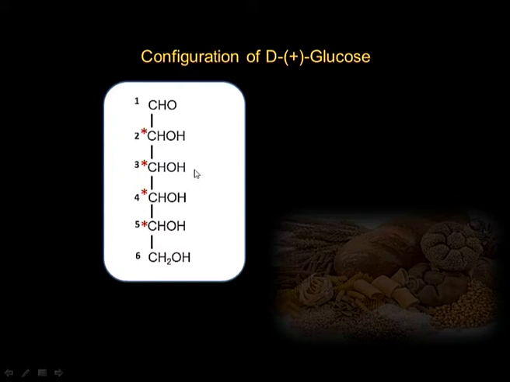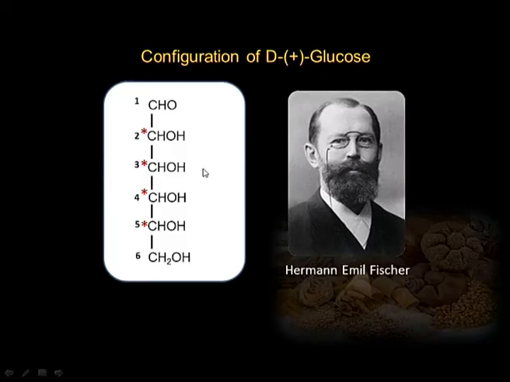done by Fischer. What we are going to do in 4 or 5 steps in this lecture took Fischer 4 years to complete. He carried out a large number of reactions on the basis of which the configuration could be assigned. We will take up only those relevant reactions which give a straight proof towards the configuration.